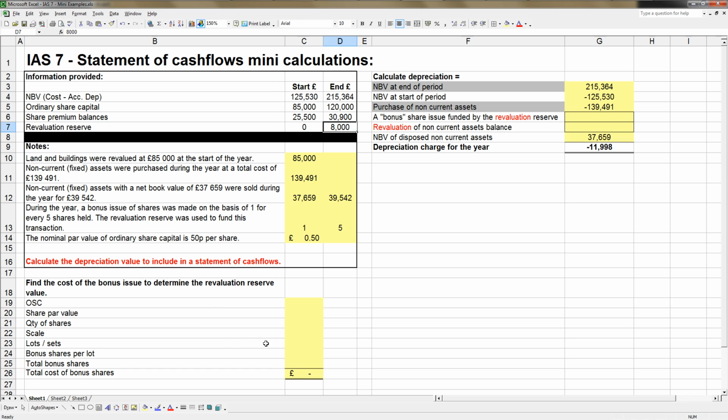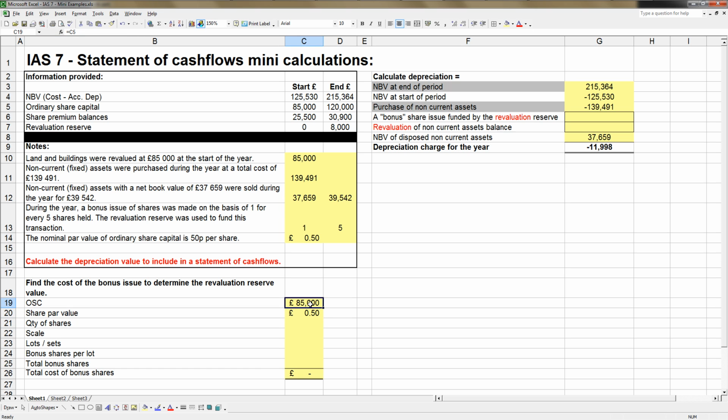The scale is 1 new free share for 5 existing. So we want to work out the scale. In this case, the scale is 5, because you want to know how many lots of 5 we have. If the scale is 5, you want to know how many 5s go into 170. So it's not 1, because they're going to get 1 share for every 5.